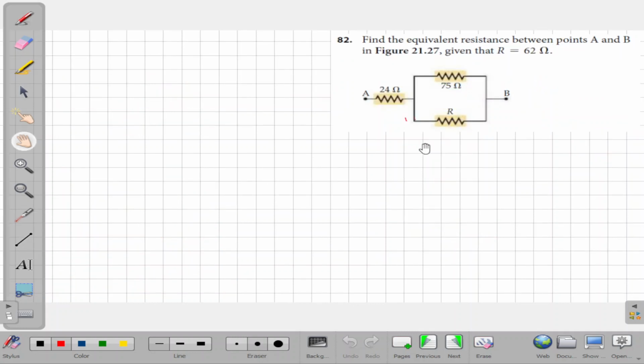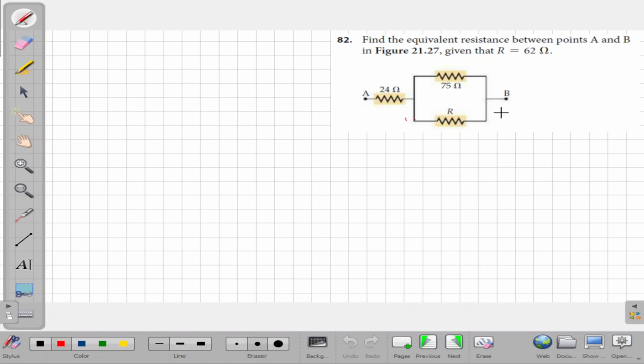Okay, let's solve another exercise, exercise 82. Find the equivalent resistance between points A and B in figure 21-27, given that R is equal to 62 ohm. We will notice that we have a complex situation here.